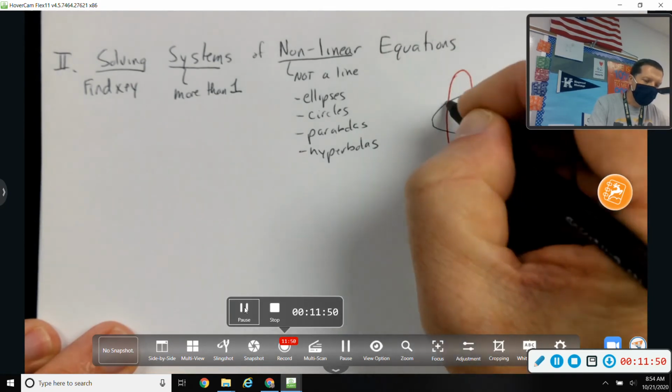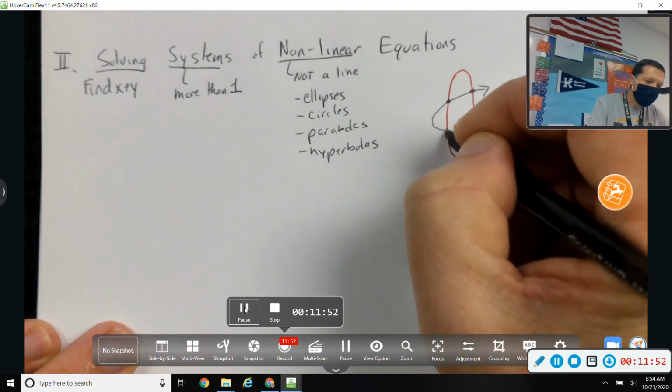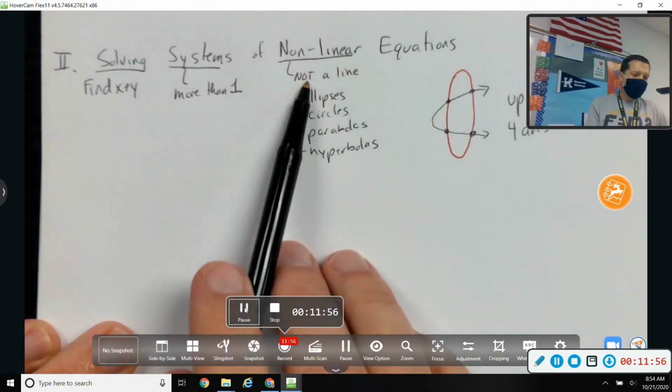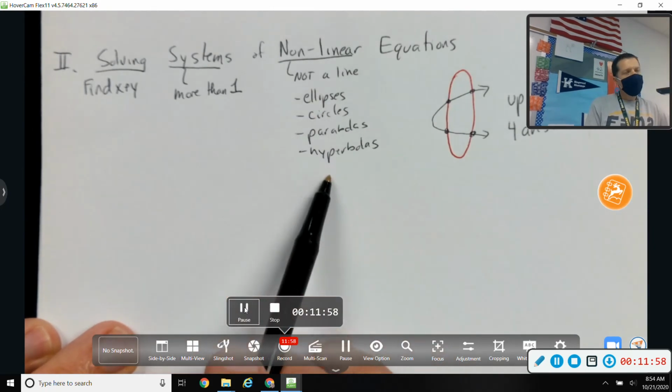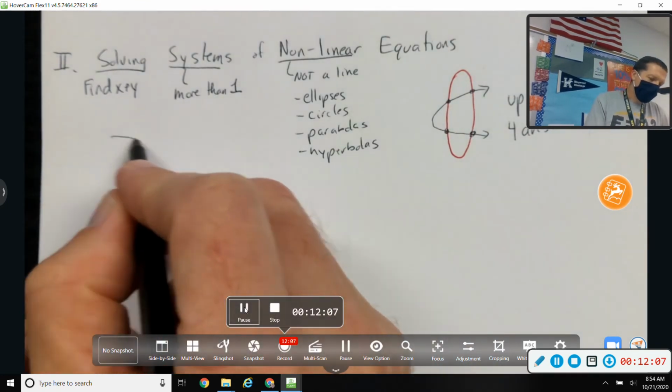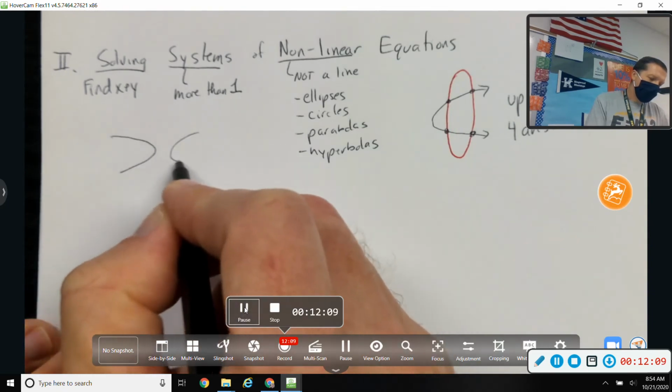Right? Because there's 4 places where those intersect. And you could draw all sorts of combinations of these, but I think the most intersections you'll ever get is 4. Again, you can try some things. There's a hyperbola.